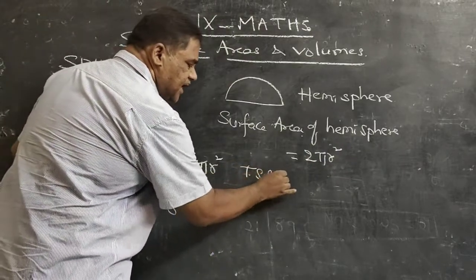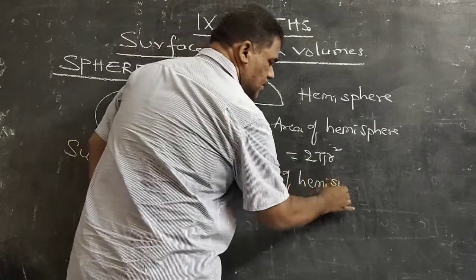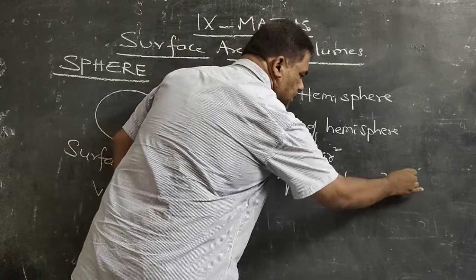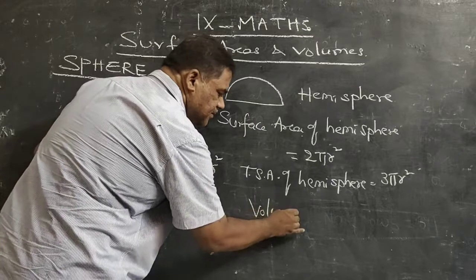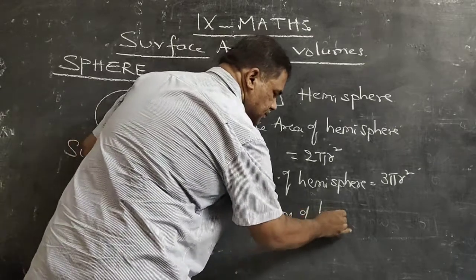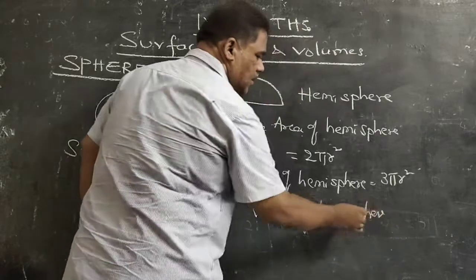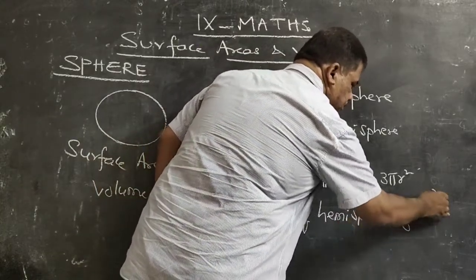Total surface area of hemisphere, it is 3 pi r square. Next, volume of hemisphere, two by 3 pi r cube.